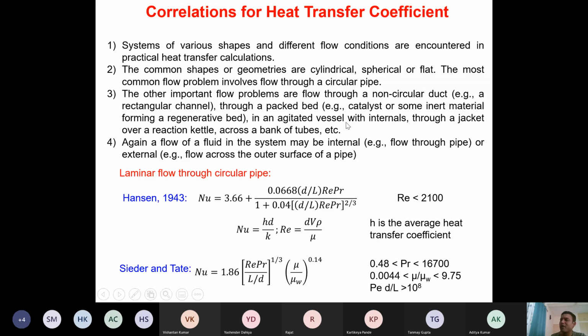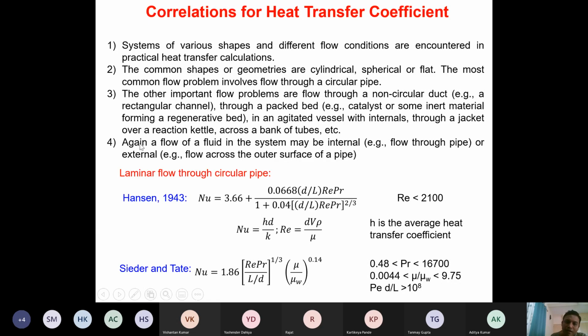In agitated vessels there is an agitator moving continuously and a temperature probe, so internals are present. In a nuclear reactor, there are multiple internals to measure the spatial variation of temperature across the reactor. Again, it could be flow through a jacket over the reactor, or flow across a bank of tubes. So there are multiple different heat transfer problems.